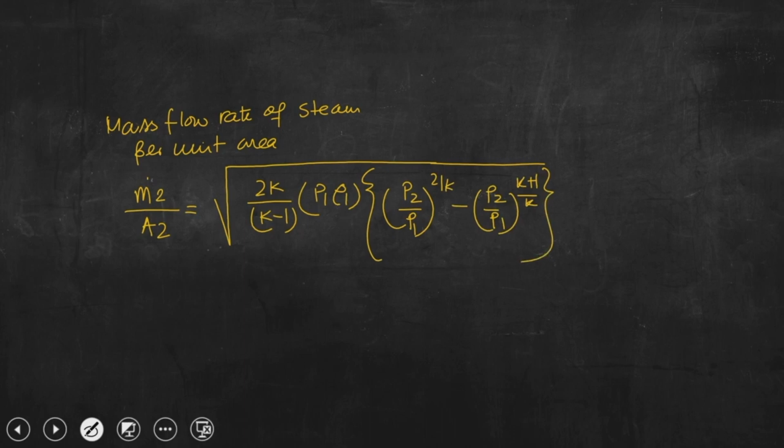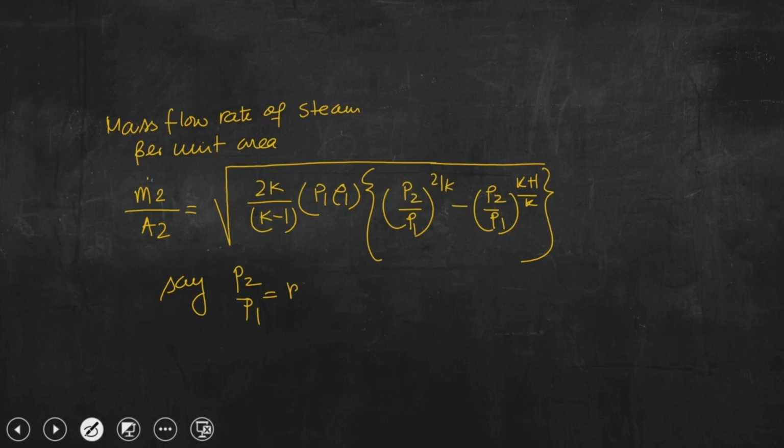So, this is the expression of mass flow rate per unit area, and as I said, let P2 by P1 equal r. So, we can try to find out the critical value of r for which this mass flow rate per unit area should be maximum, because area is constant. So, if this particular quantity becomes maximum, then mass flow rate also will be maximum for a constant exit area.